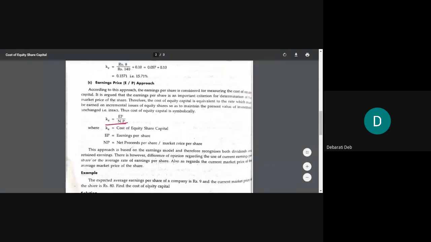It is earnings price. This is not price earning, this is earnings price, the EP approach. You give the heading, write C and then write earnings price EP approach.